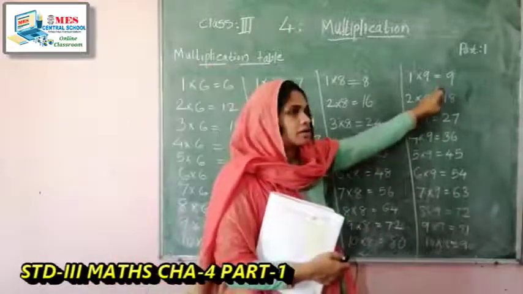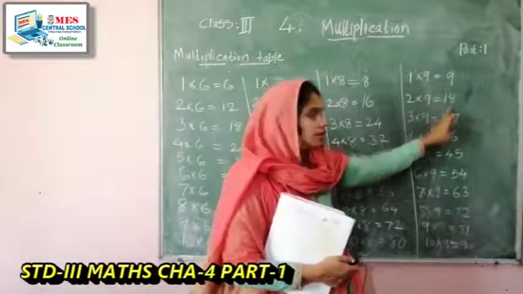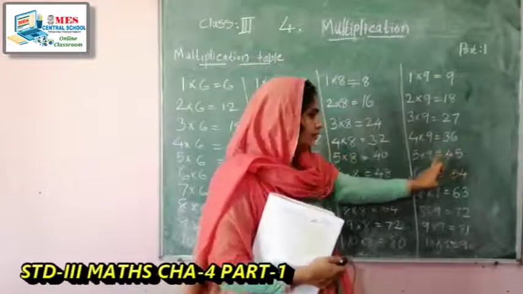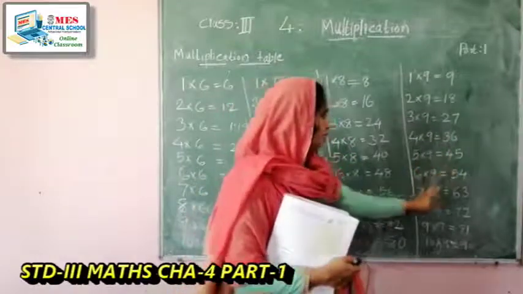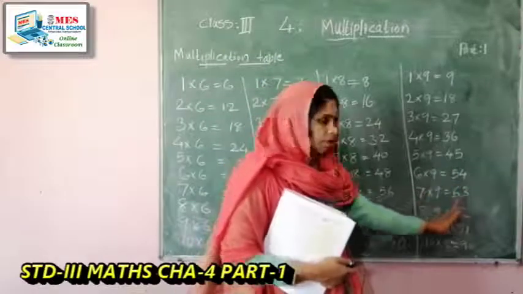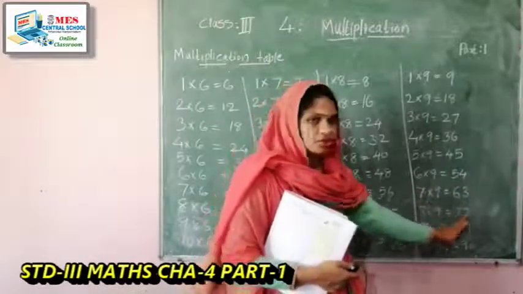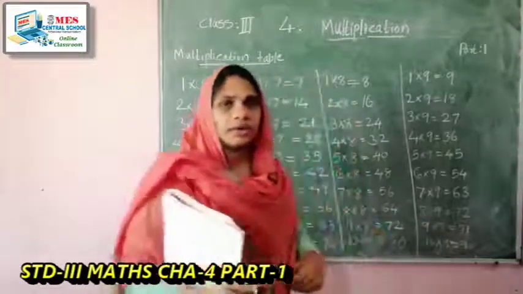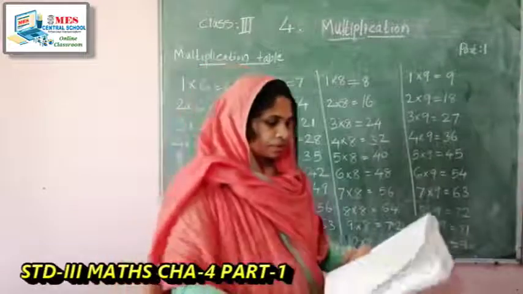1 9 9. 2 9 18. 3 9 27. 4 9 36. 5 9 45. 6 9 54. 7 9 63. 8 9 72. 9 9 81. And 10 9 90.